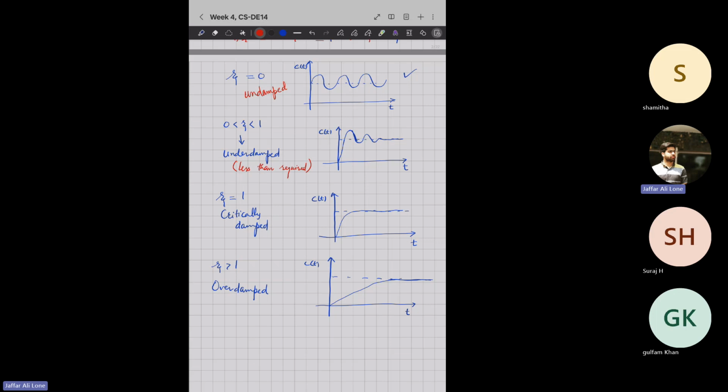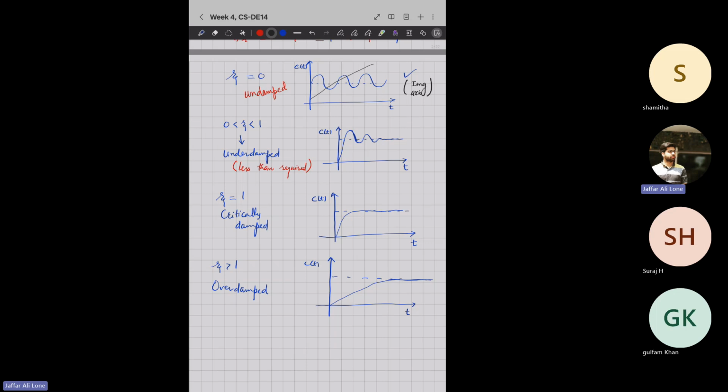Since it's a second order system, two poles will be there. If your poles are on the imaginary axis and are different, like complex conjugates, then your system response will be oscillatory. I told you in the second lecture, if you have repeated poles on the imaginary axis, then your system is unstable, meaning the response will go to infinity.